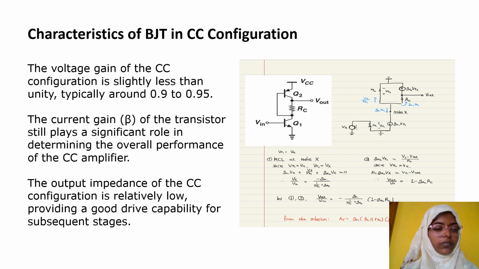The voltage gain of the CC configuration is slightly less than unity, typically around 0.9 to 0.95, and the current gain, beta, of the transistor still plays a significant role in determining the overall performance of the CC amplifier. The output impedance of the CC configuration is relatively low, providing a good drive capability for subsequent stages.